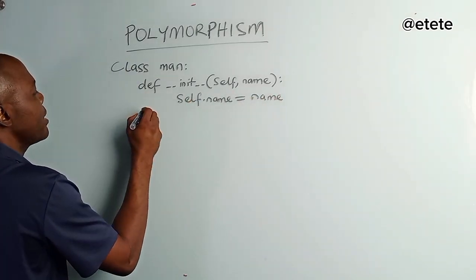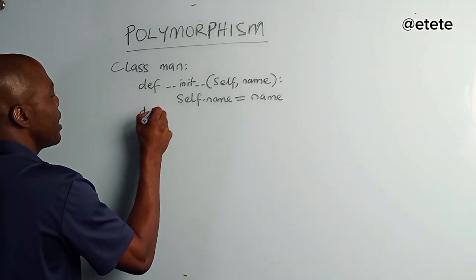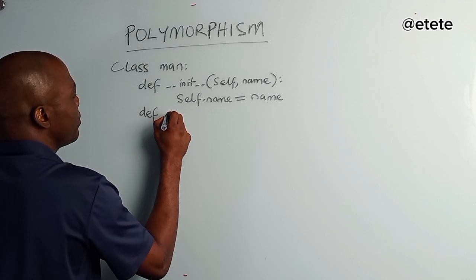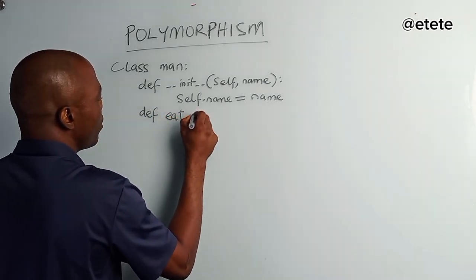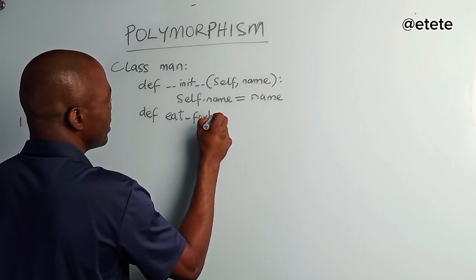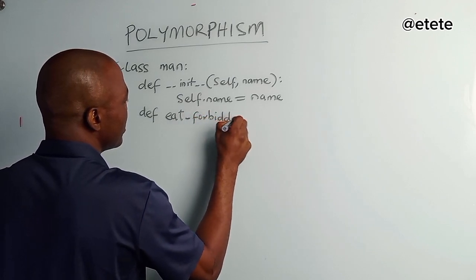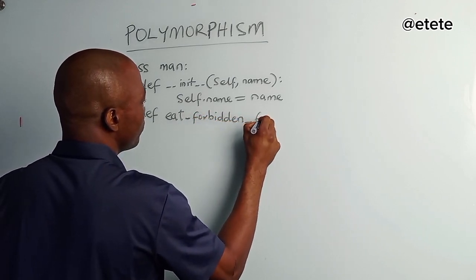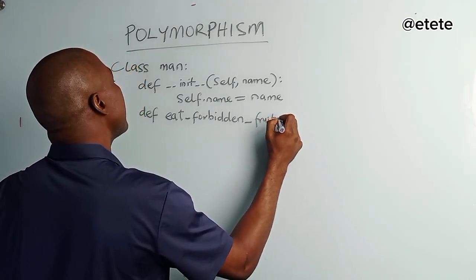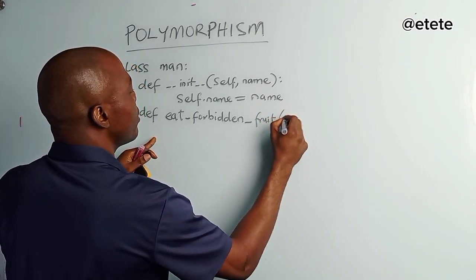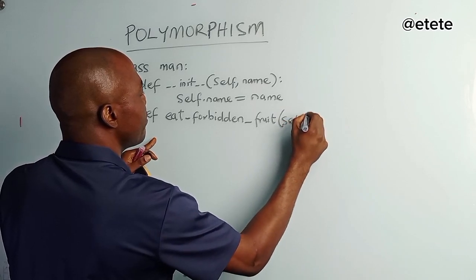Now, inside this class, I'm going to define another method, and I will call it def eat_forbidden_fruit. It is an instance method, so self.